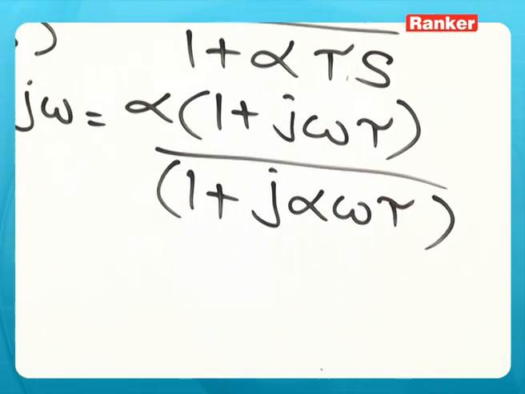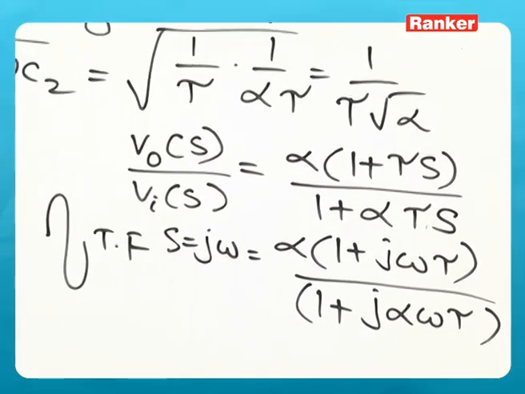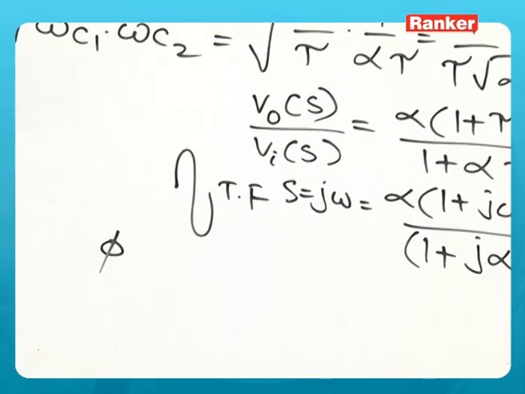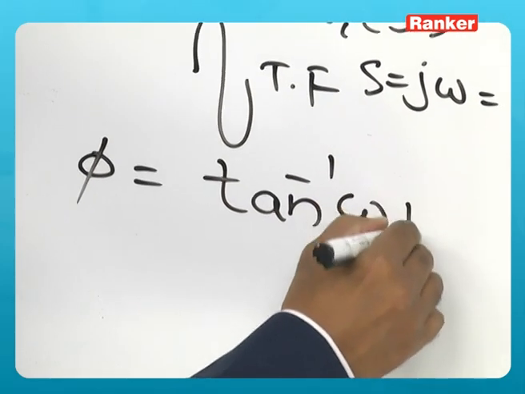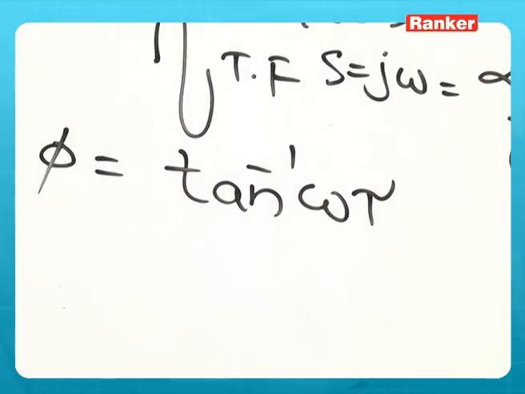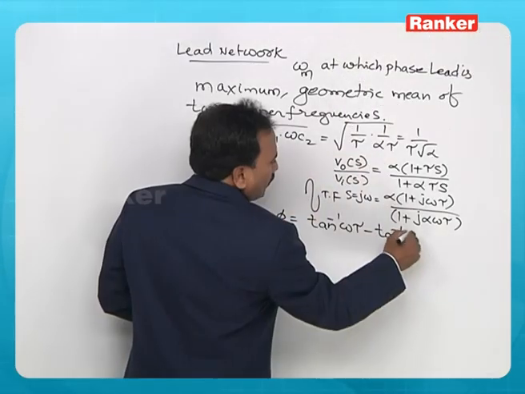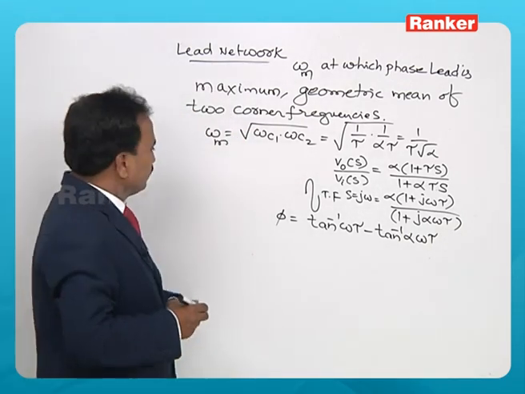So from this, the phase angle function of the sinusoidal transfer function, phi, is given by tan inverse omega tau for the zero minus tan inverse alpha omega tau for the finite pole.